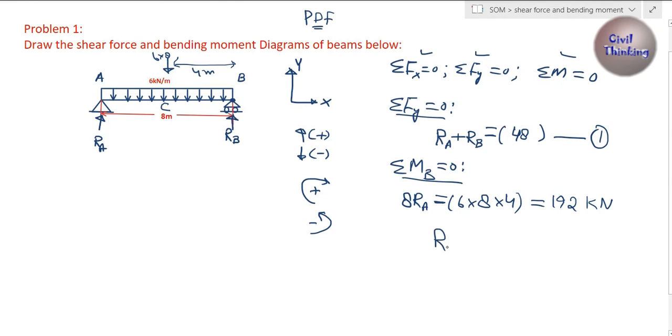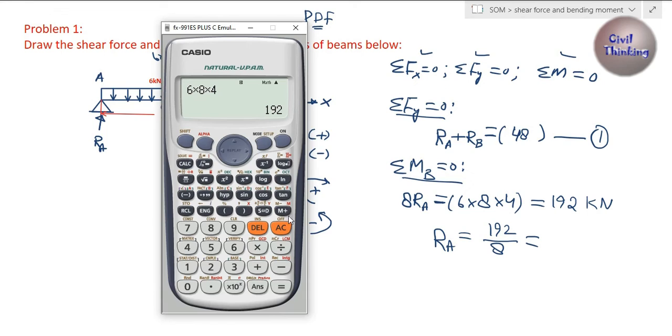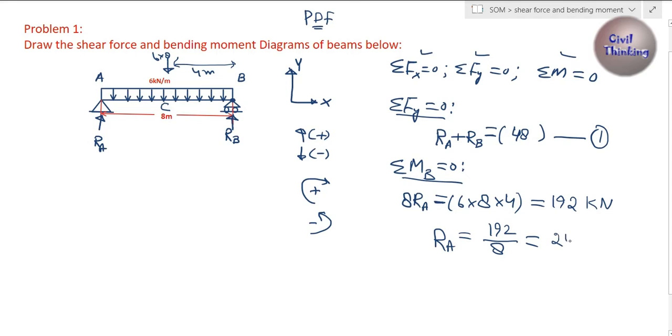Now RA is how much? 192 divided by 8, it is 24 kilonewton.